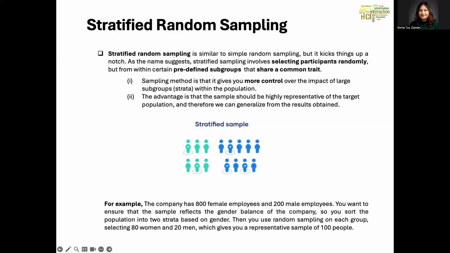With proportional allocation, we sample 80 women and 20 men for a total of 500. So the sample mirrors the population. Two things to remember here: we need stratum labels on the frame. You must weight appropriately at analysis if your allocation of sample is not proportional to your original population.